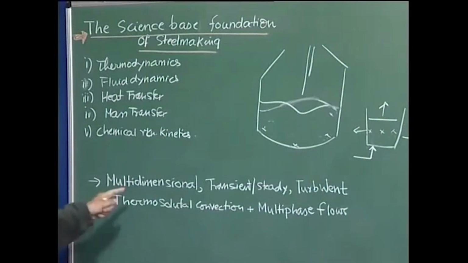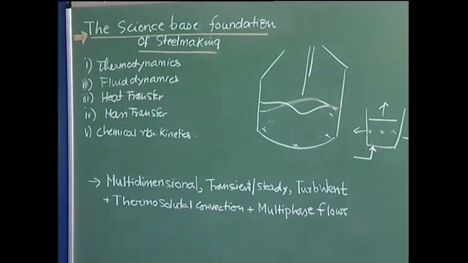And also, in some cases on top of this flow, the domain either shrinks or expands because of solidification and melting phenomena, which is a consequence of heat transfer itself. So the flow of melt is not a unique phenomenon per se. It is actually interrelated to so many other things which influence the flow.